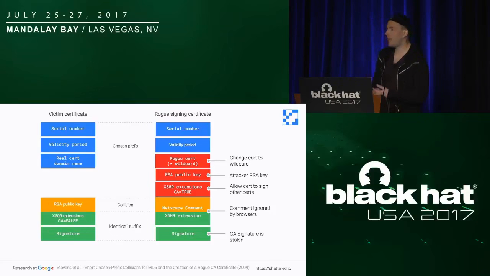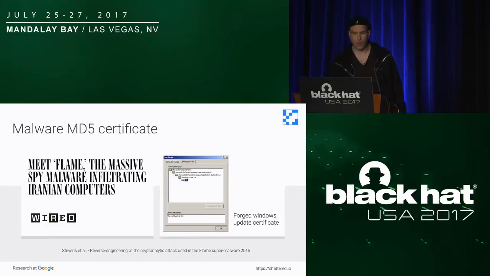You're like, wow, okay, that seems very complicated. No one is going to do that in practice, right? Well, not true. In 2012, I believe, there was a report of a super malware called Flame. Flame was used to infect Iranian computers. And what makes Flame unique, and you can see it on the screen, was a use of a colliding certificate.